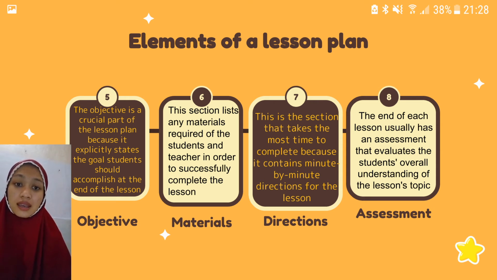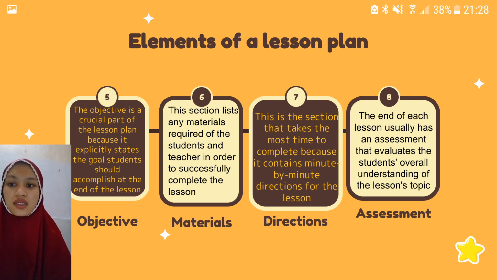The eighth is the assessment. The end of each lesson usually has an assessment that evaluates the students' overall understanding of the lesson's topic. The assessment can be something as quick as a thumbs up or thumbs down on whether they understood the material, or can be as rigorous as a quiz at the end of the lesson period.